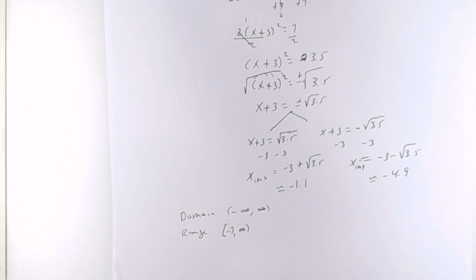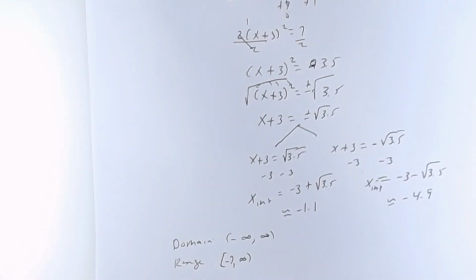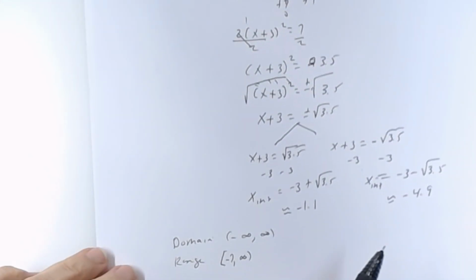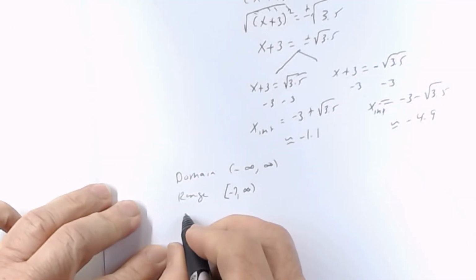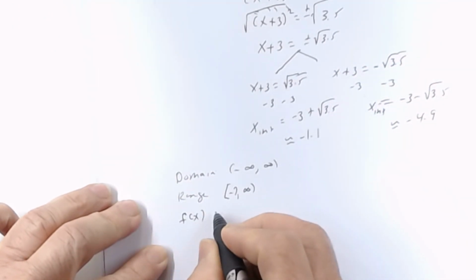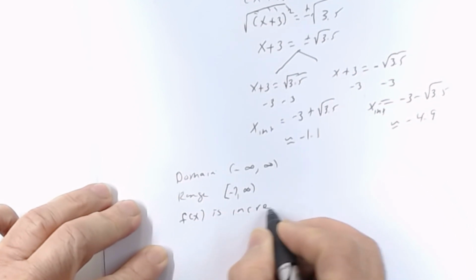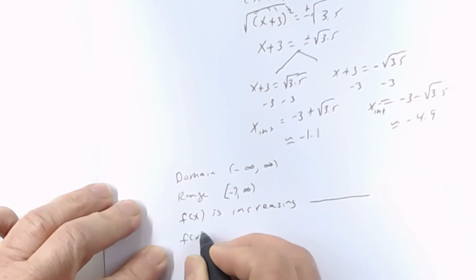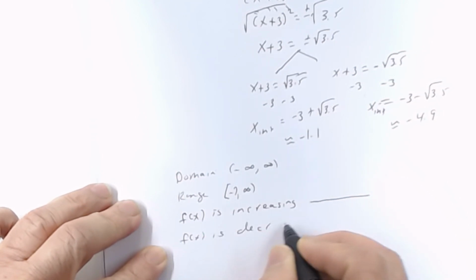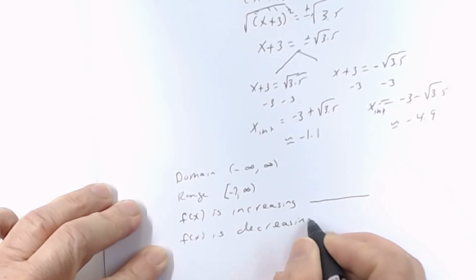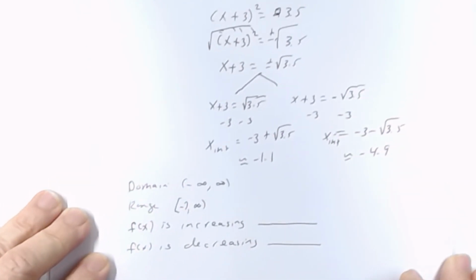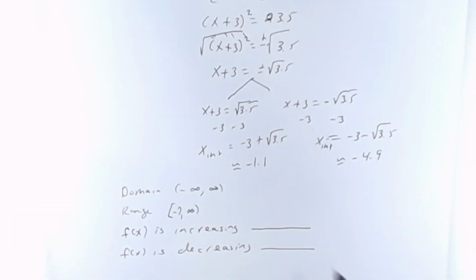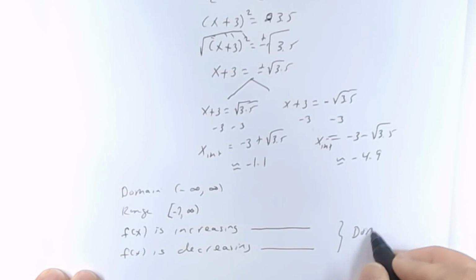Okay? One of the things that you were asked to do yesterday was determine where the function is increasing or decreasing. So f of x is increasing blank. F of x is decreasing in what interval? All right, so remember, when you talk about increasing, decreasing, you're talking about the domain.